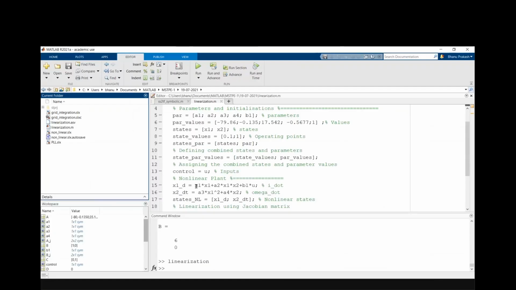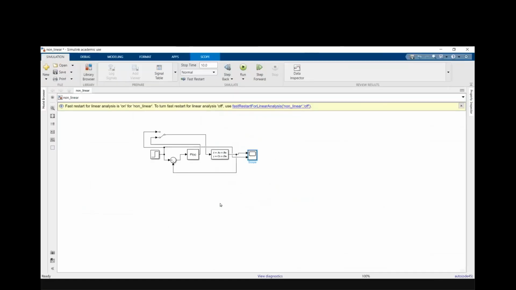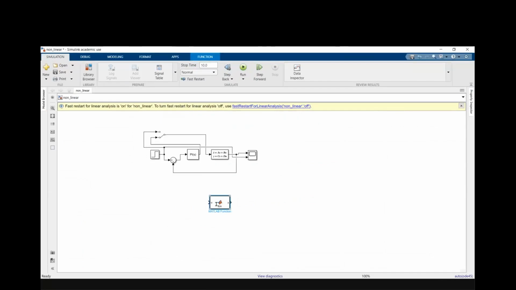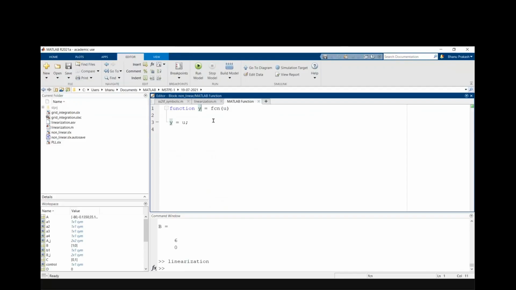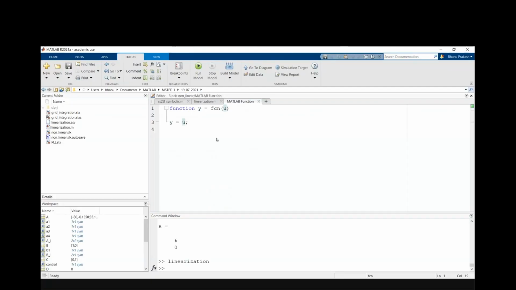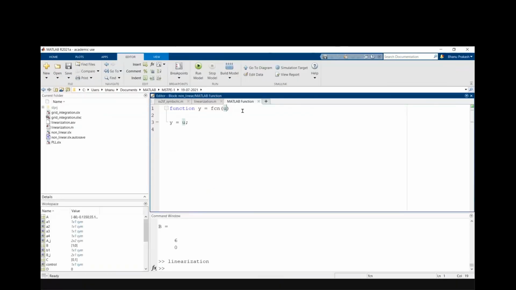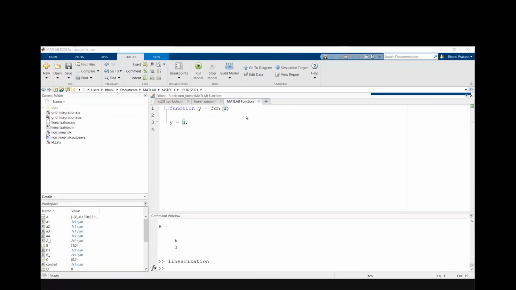So whatever your nonlinear system you have, let us use MATLAB function. In this MATLAB function, how many outputs you have? You have 1 output, but how many inputs? You have 1 input. You have to write an equation. This one. You have to define that matrix.